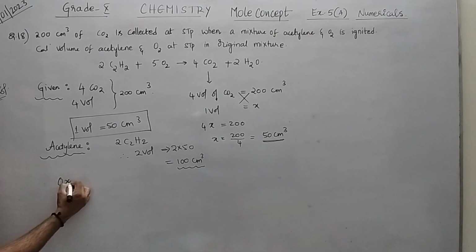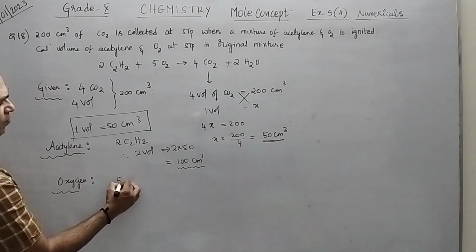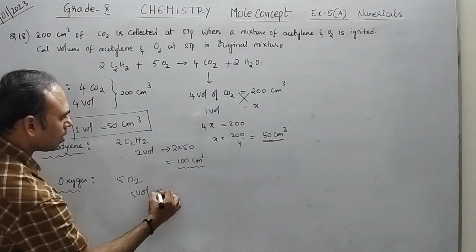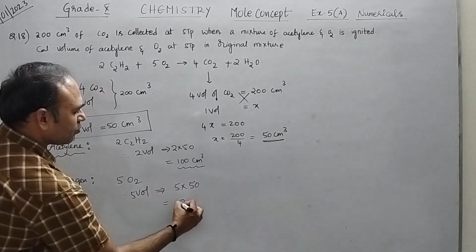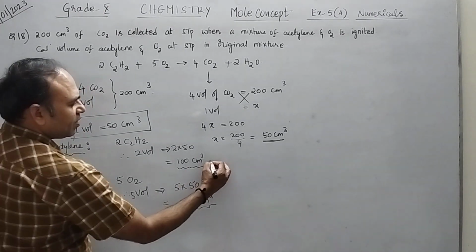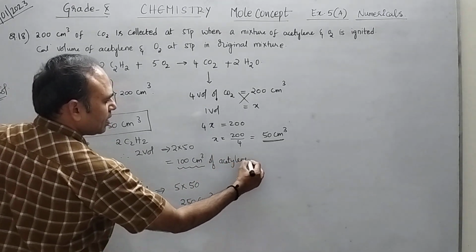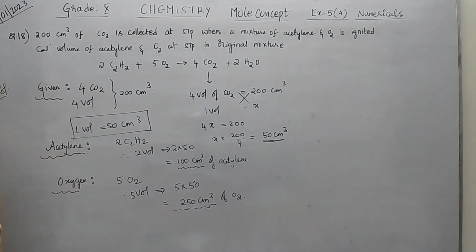Next, for oxygen at STP, 5O2, therefore 5 volume is 5 into 50, so we get 250 centimeter cube. So we find that 100 centimeter cube of acetylene is there and 250 centimeter cube of oxygen is there. Hope you have understood this.